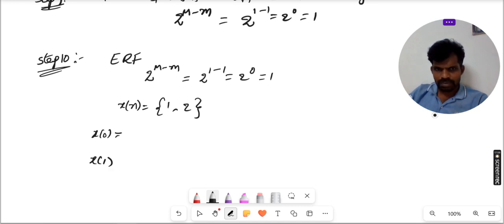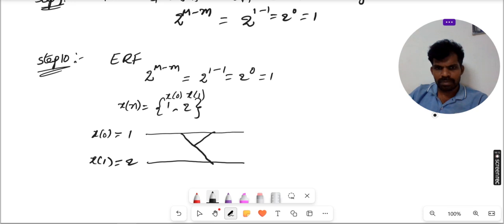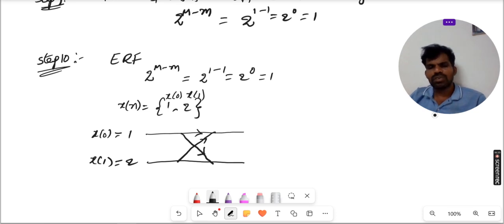The value of x of 0 is 1 and x of 1 is 2. Let us substitute those values and draw the butterfly diagram. How many stages? Only one stage. For one stage we draw the butterfly, and for the stage we have only a single butterfly. So the upper line is multiplied by 1 and the lower line is multiplied by minus 1.